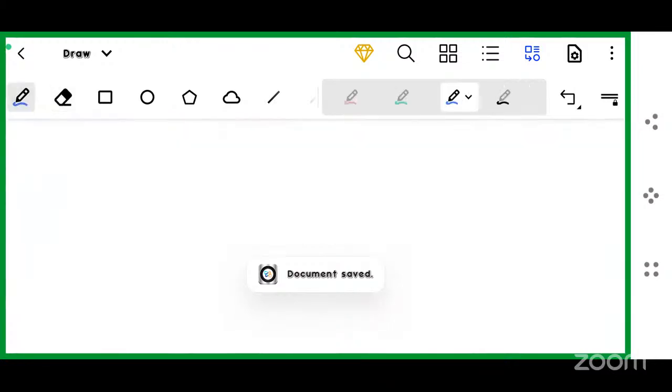So let's say we have 3 to the power of 4 over 3 to the power of 7. Try this one.